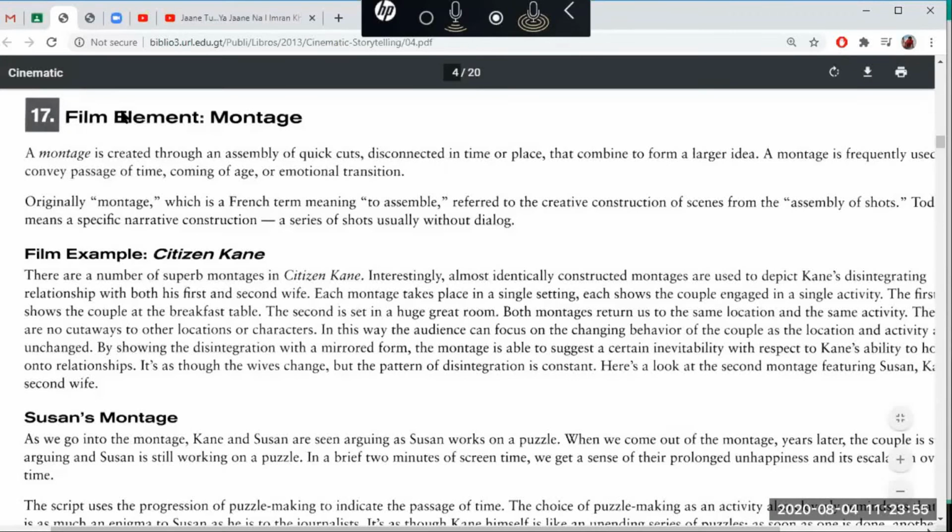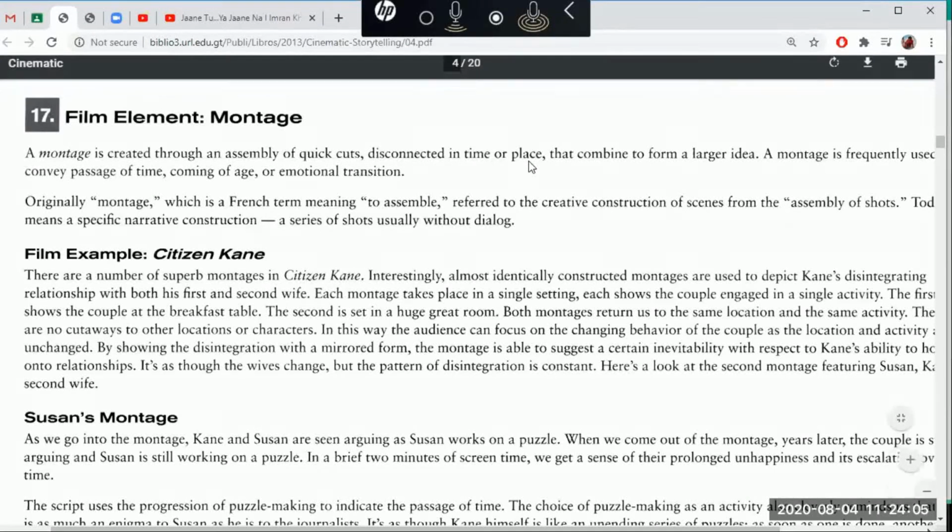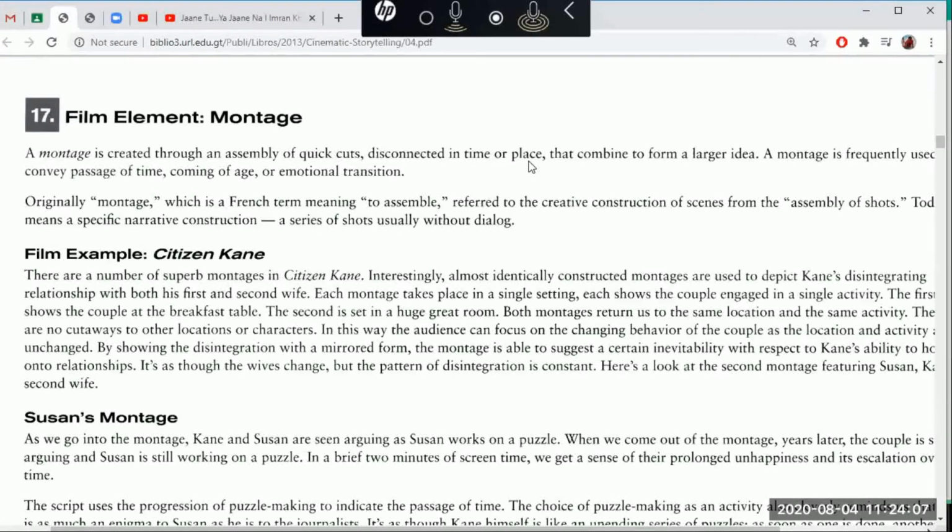So it says that a montage uses quick cuts disconnected in time or place. So it's not essential that you are showing shots of one scene, right?